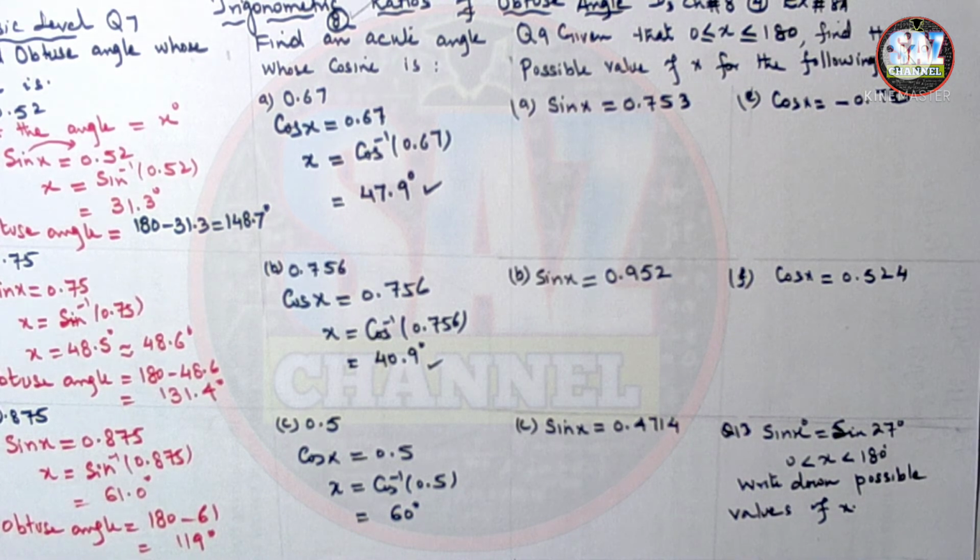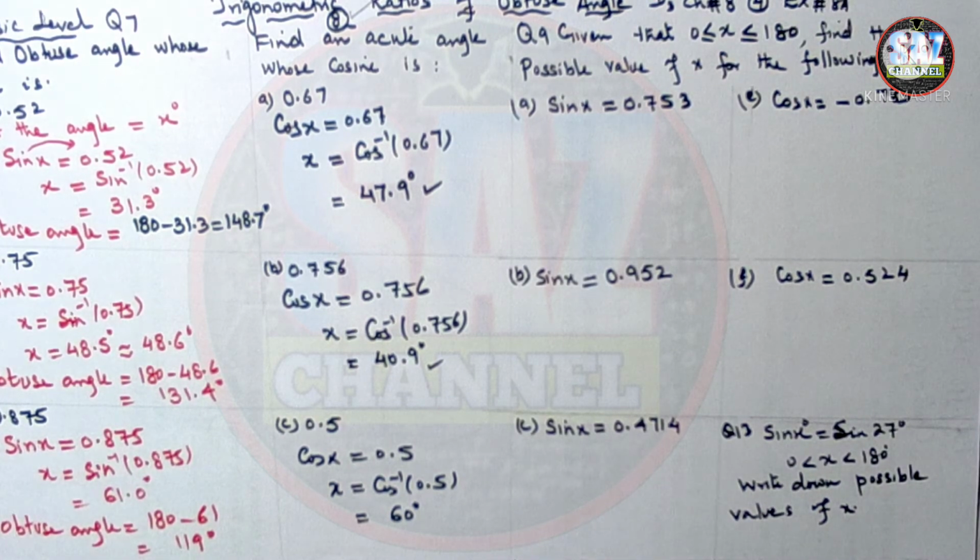The second part is sine of x equals 0.952, third part is sine of x equals 0.4714, and the fourth part, D part, is cos of x equals minus 0.238, and E part is cos of x equals minus 0.783, and F is cos of x equals 0.524.